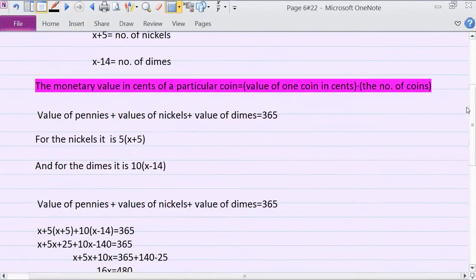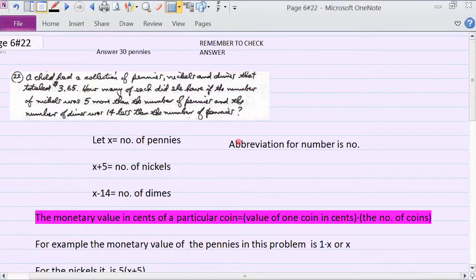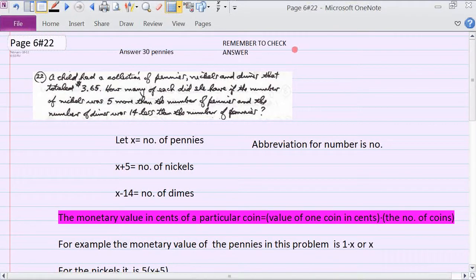So, we're told in number 22 that a child has a collection of pennies, nickels, and dimes that total $3.65. How many of each did she have if the number of nickels was 5 more than the number of pennies and the number of dimes was 14 less than the number of pennies?